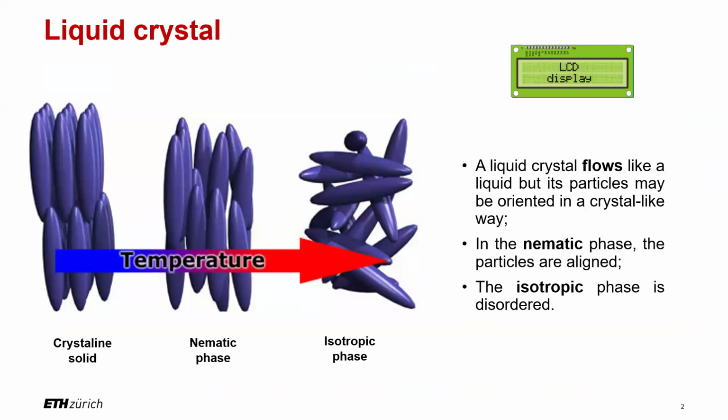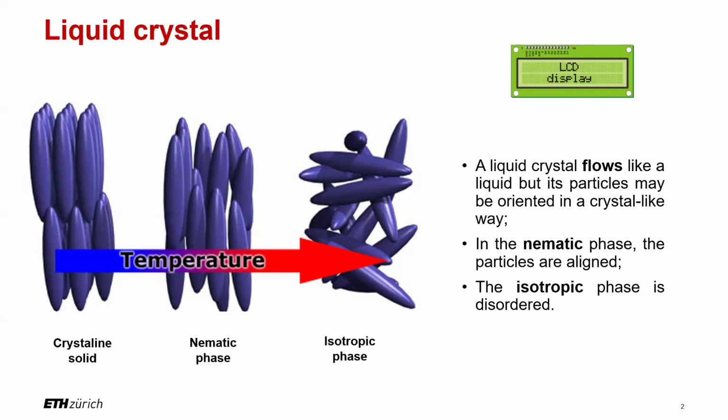So first, what is a liquid crystal? It is a material that has some interesting properties. It's able to flow like a liquid that we are used to, but it is anisotropic. The molecules in the liquid crystal tend to align parallel to their neighbors. The liquid crystal can be in different phases.